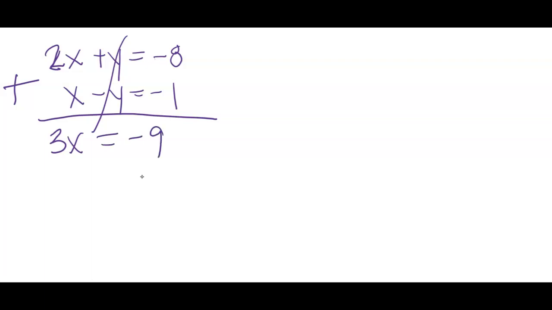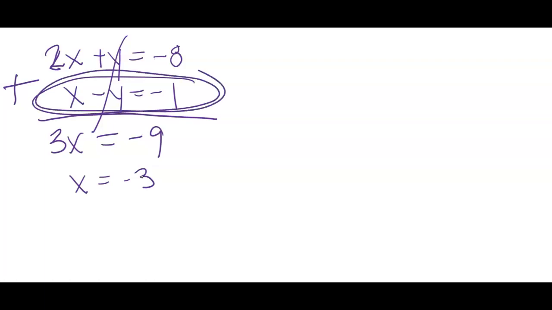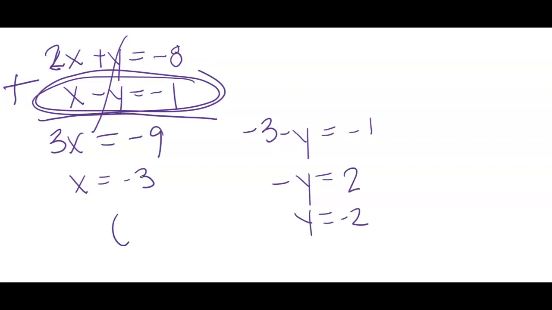So I'm just adding those two equations together. That's why it's called the addition method. And then I see x equals negative 3. Maybe I now plug into here because that one looks nicer. And then I can find my solution pair using that addition method.